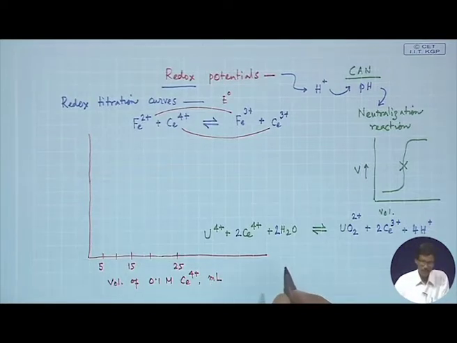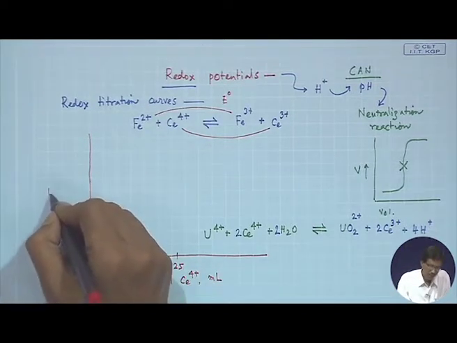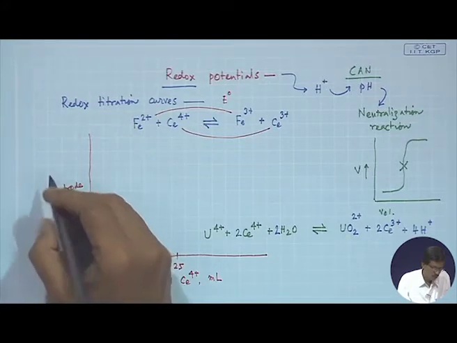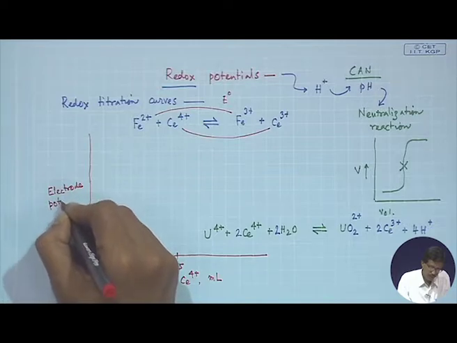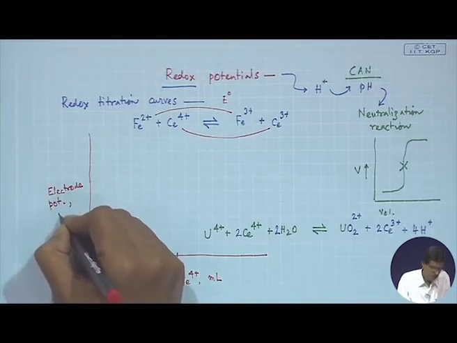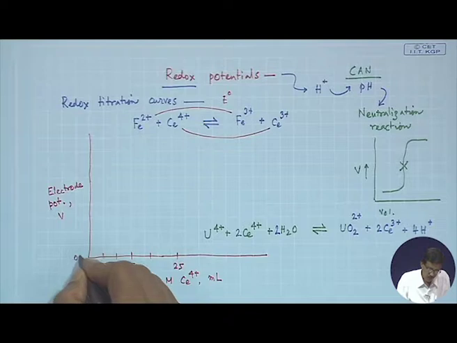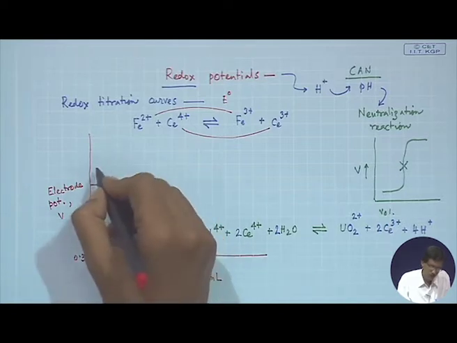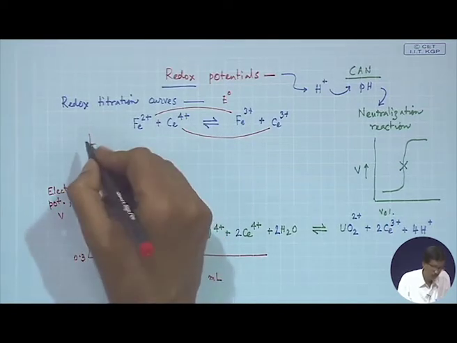So, that gives that particular axis, and you have the electrode potential in volt, starting from 0.3, then 0.5, then 0.7, then 0.9, 1.1, 1.3 and 1.5.